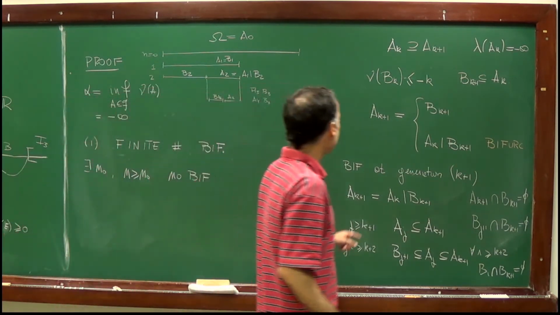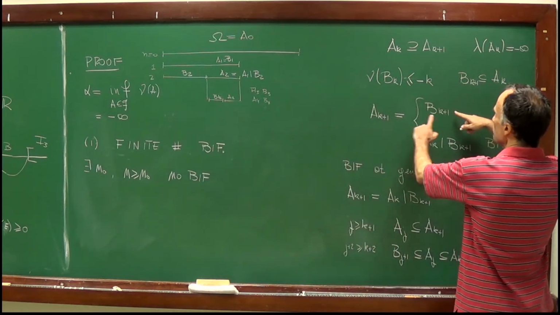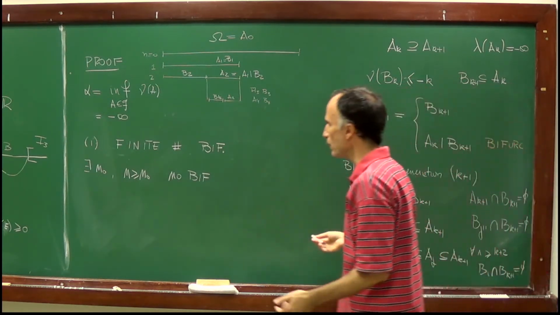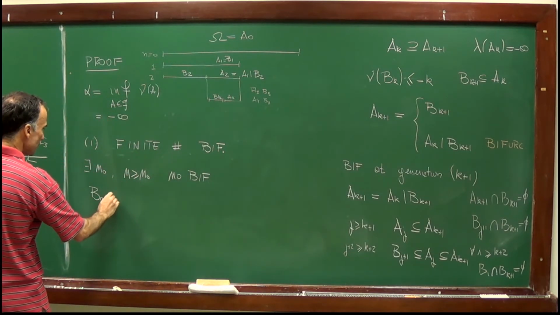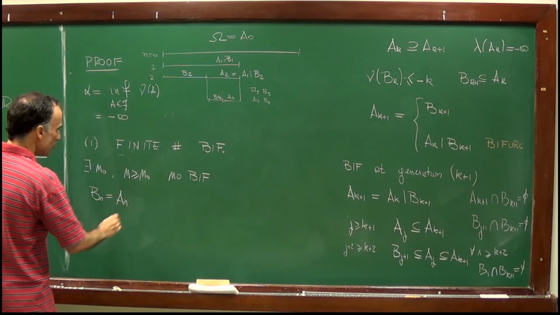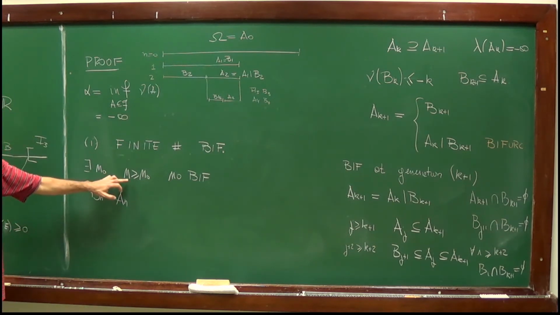Well, if there is no bifurcation, this means that B_{k+1} is equal to A_{k+1}. So this means that B_n is equal to A_n for n large enough, say for n larger than n_0.